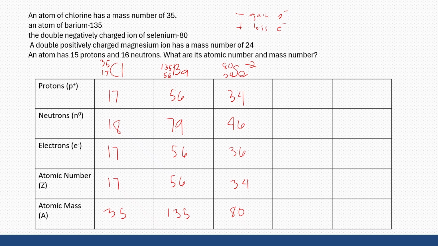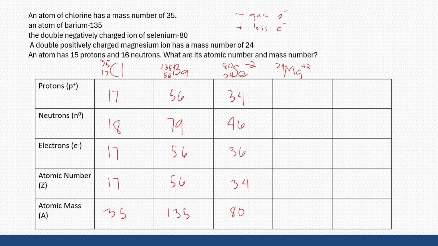Okay, next, we have a double positively charged ion of magnesium, which has a mass number of 24. Let's write the element first. Again, this is magnesium, with the symbol Mg. Mass number is 24. And it is stated that it has a double positive charge, positive 2.